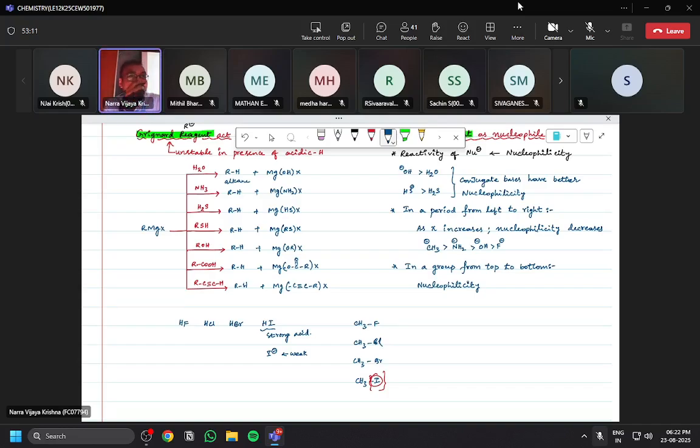Just now we have seen, nucleophilicity order and basicity order are the same. In a period from left to right, reverse. In a group from top to bottom, nucleophilicity order and basic nature order are the same.